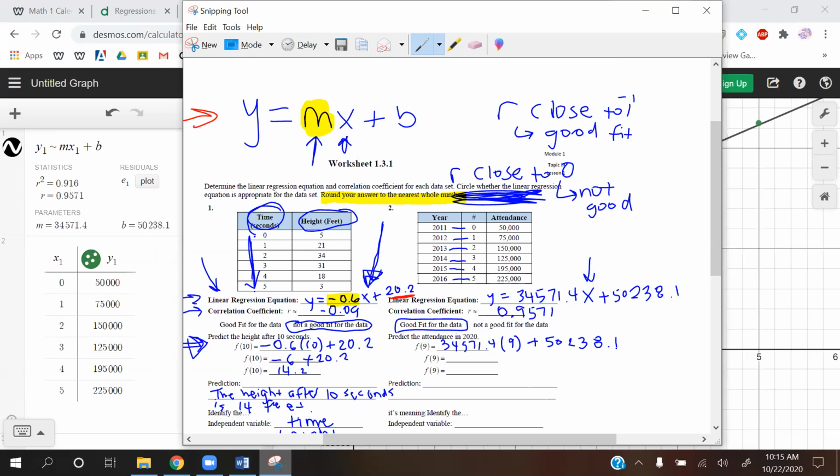I'm going to use a calculator to multiply because according to PEMDAS, multiplication happens before we add. 34571.4 times 9 gives me 311,142.6 plus that whole thing.